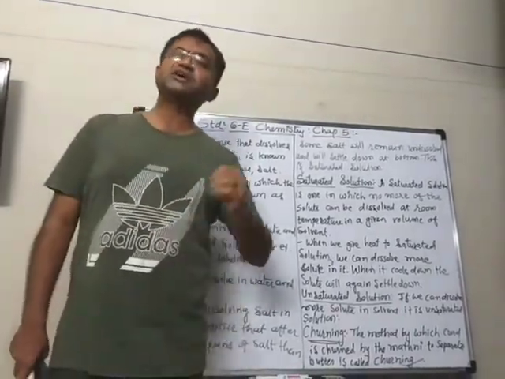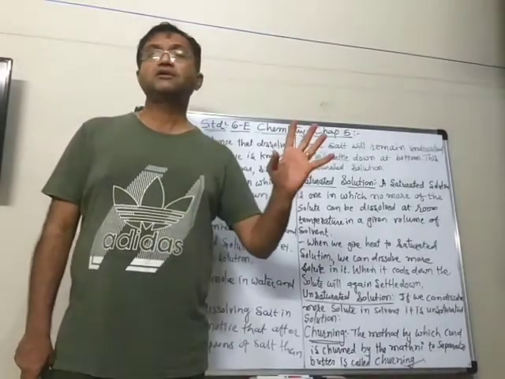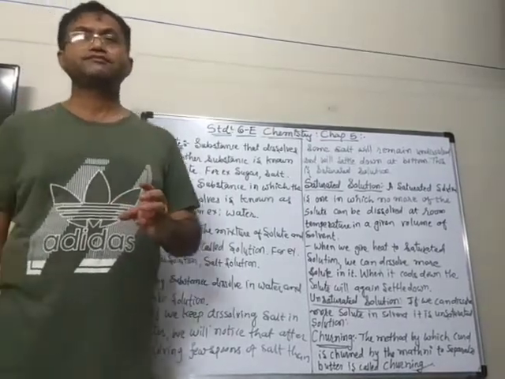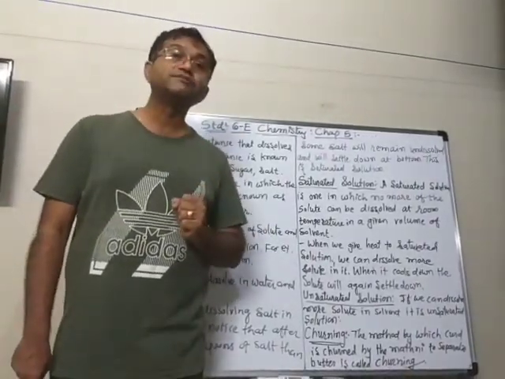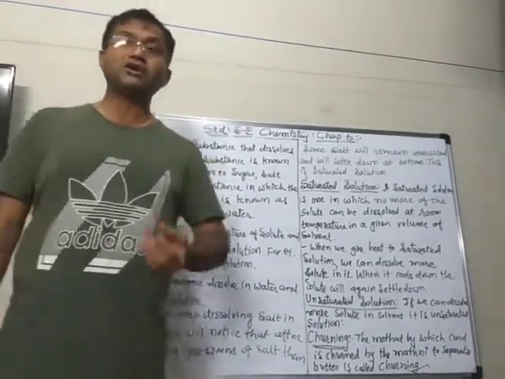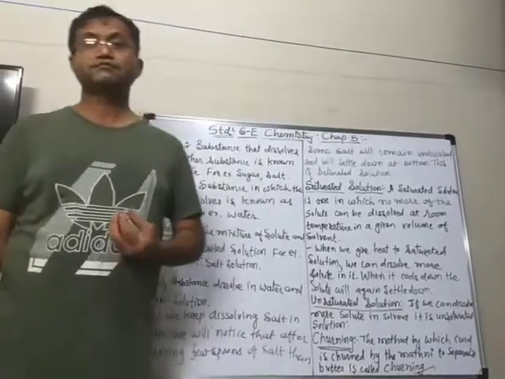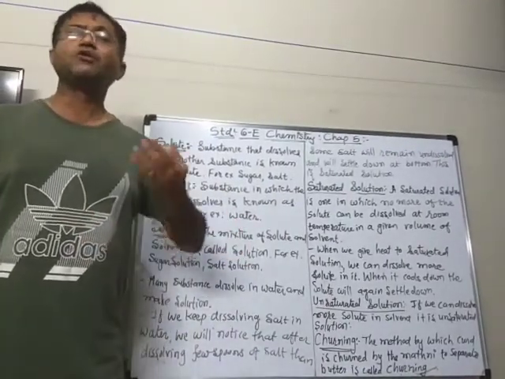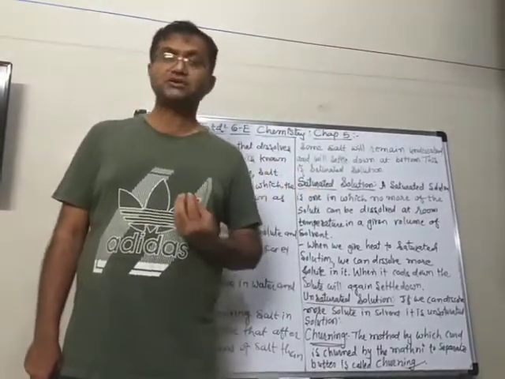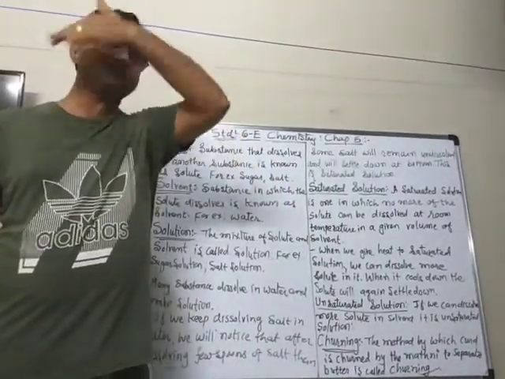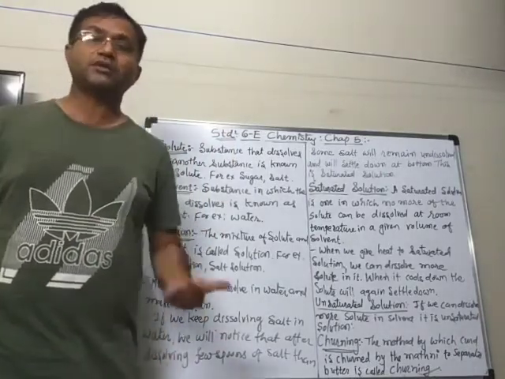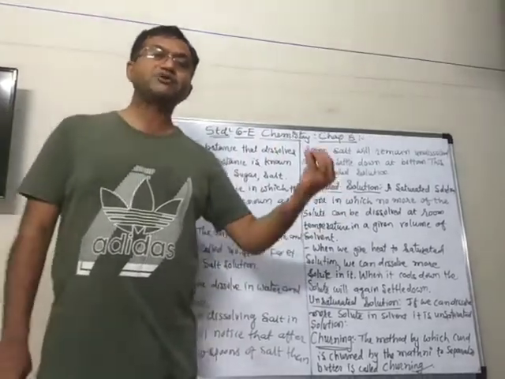Generally, in solution, whose proportion is more, solute or solvent? You take more water or you take more sugar? Obviously, more water and less sugar, or more water and less salt. So generally in the solution, the proportion of solvent is more than the proportion of solute.